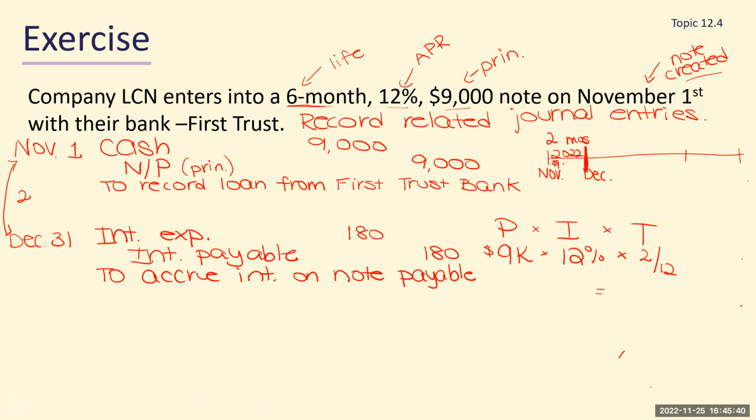So we're going to record $180 worth of expense in this year, right, in 2022. The rest we'll record in 2023.